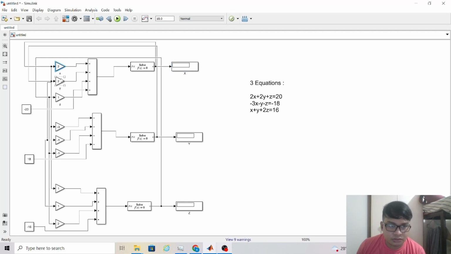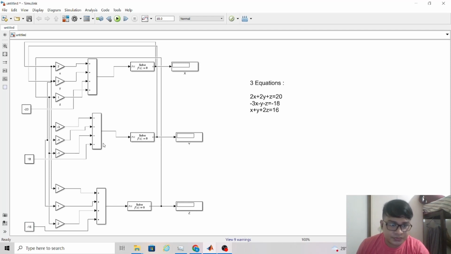So here is 2, 2y, and 1 for z, and negative 3x, negative 1, negative 1, then 1, 1, 2. For the constant, it's negative 20 because I transferred it to the other side. So negative 20, negative 8, positive 18, negative 16.